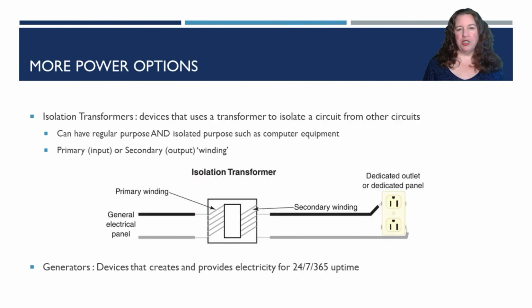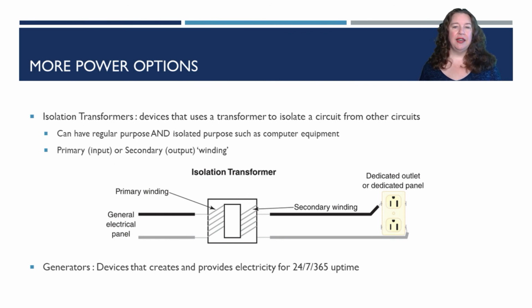A few more options with power. We do have the option of what we call an isolation transformer. An isolation transformer actually allows you to split the circuit, isolating it from other circuits. The point of this is to have your regular-purpose power that is used for most normal things, like your coffee maker or your radio, things that you don't really need significantly, and then a more dedicated secondary wiring that allows you to run your computer network services on a second set of power.